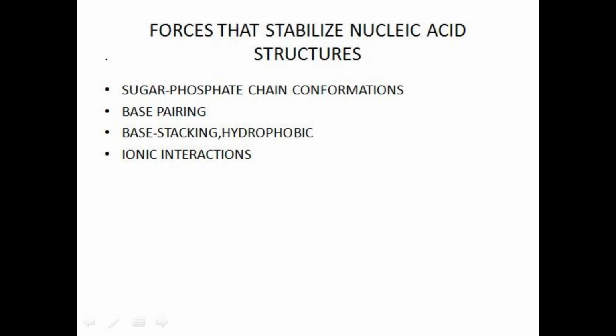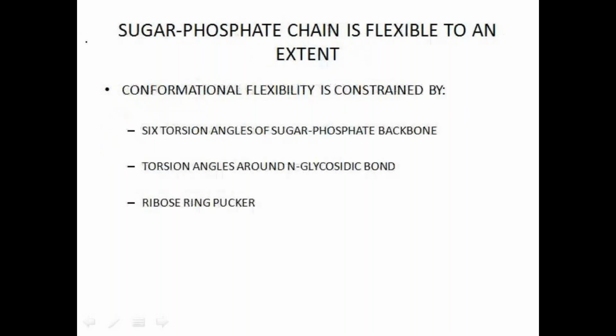Okay, in that, first of all, we have to come to the sugar phosphate chain conformations. Here, the sugar phosphate chain is mainly constrained by different types of torsion angles. Different types of torsion angles are mainly responsible for giving the conformation. And what is meant by torsion angles?